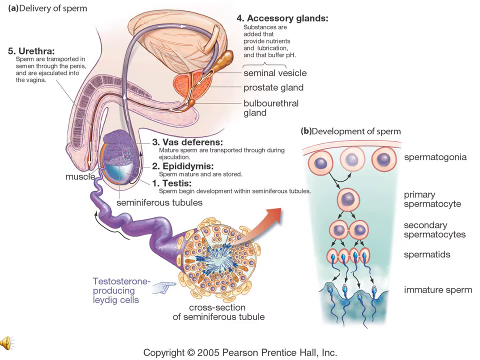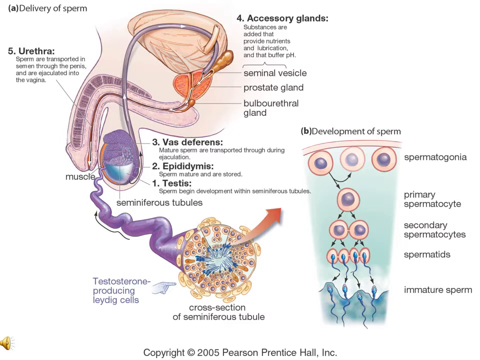Let's look at the anatomy of a male. To start with, we can see that the testes are made up of convoluted seminiferous tubules where sperm are actually produced.